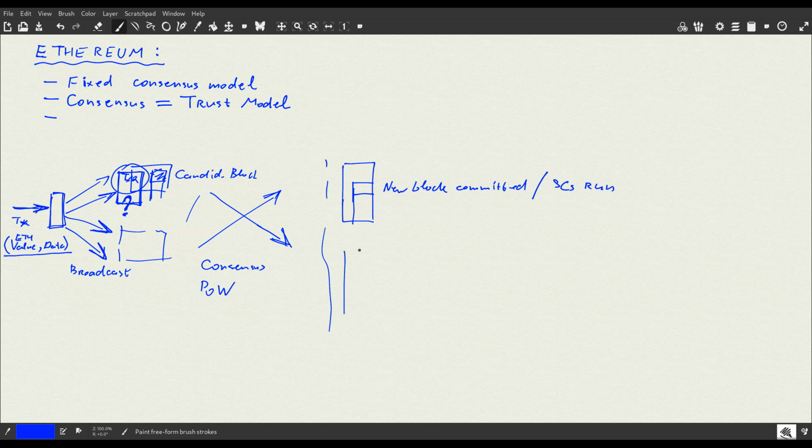And this happens at all nodes, and in particular, they update the state associated with the corresponding address. You remember, there is a storage associated with the addresses which are smart contracts, and that state is updated. An interesting thing is that we have consensus first, and then we run smart contracts.